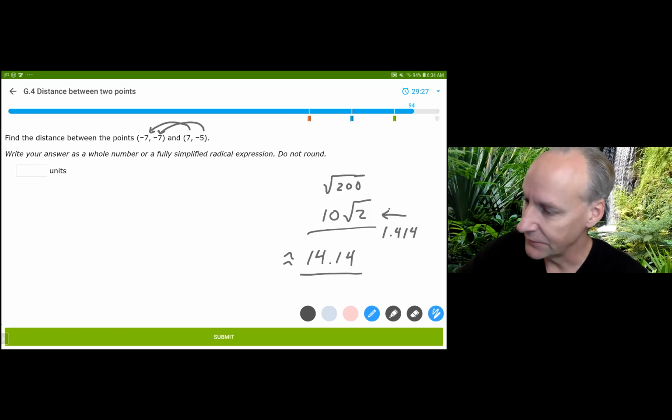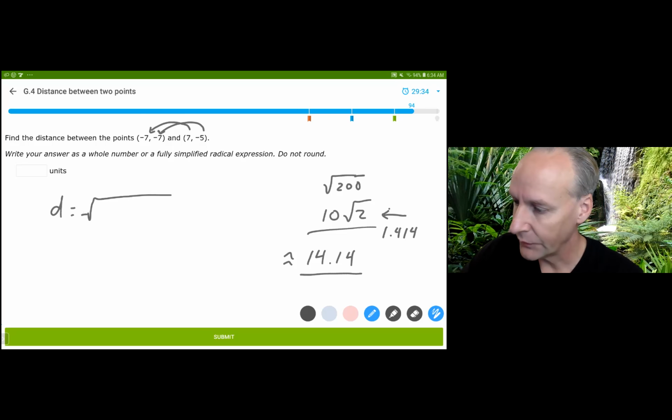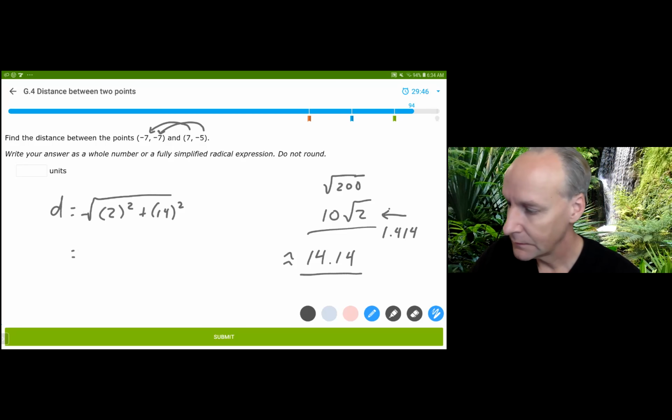So let's go ahead and do the little steps for you. A distance is the square root of -5 minus 7, which is 2 quantity squared, and 7 minus -7 is 14 squared. And that is the square root of 4 plus 196. Yep.